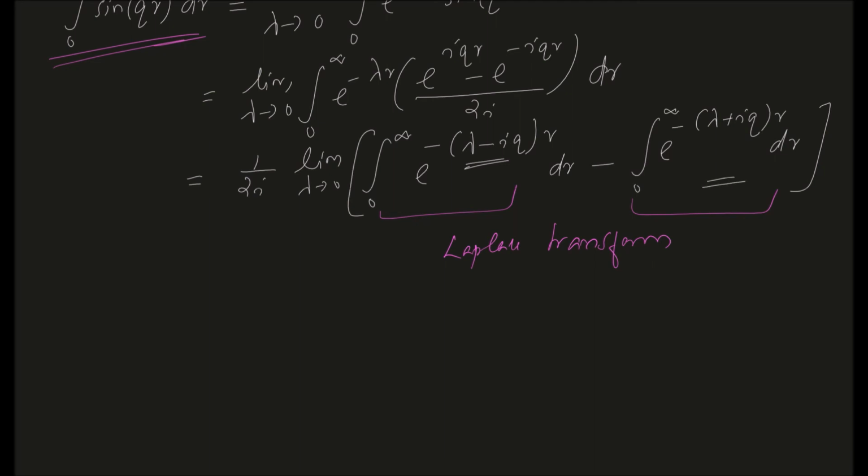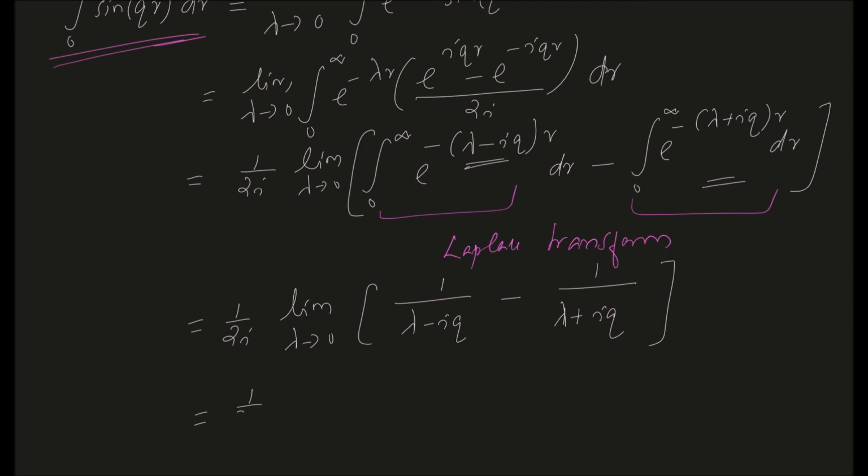Those are the standard results that we can take from the Laplace transform. So this will be 1 by 2i, limit lambda goes to 0, then from the first integral we have 1 by (lambda minus iq) minus, from the second one, 1 by (lambda plus iq).